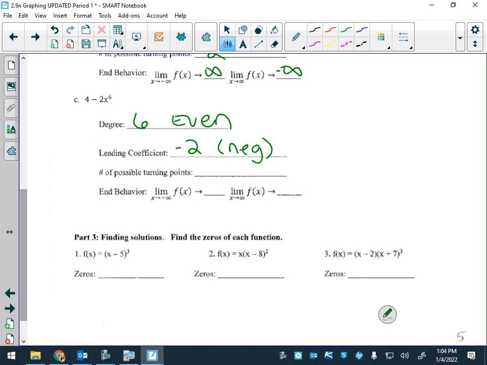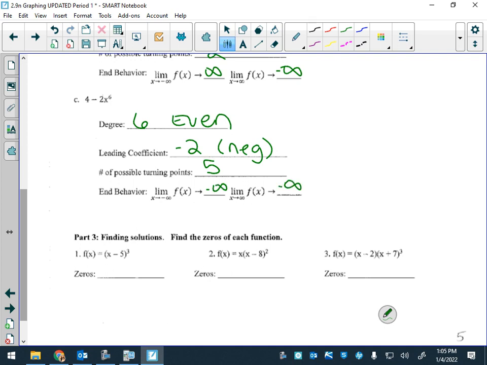Number of possible turning points is 1 less than the degree. Okay. So, since this is even, quadratic or line? Quadratic, right? Both going up or both going down? Down. Good.